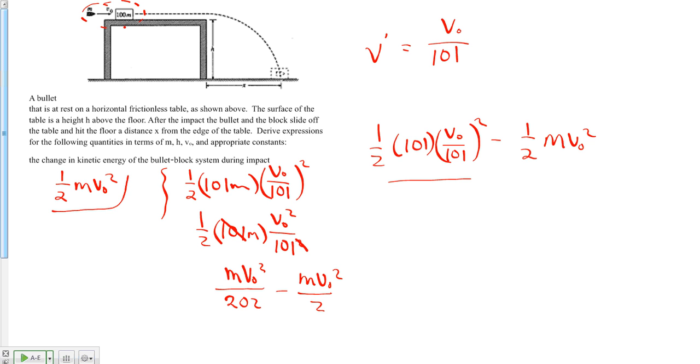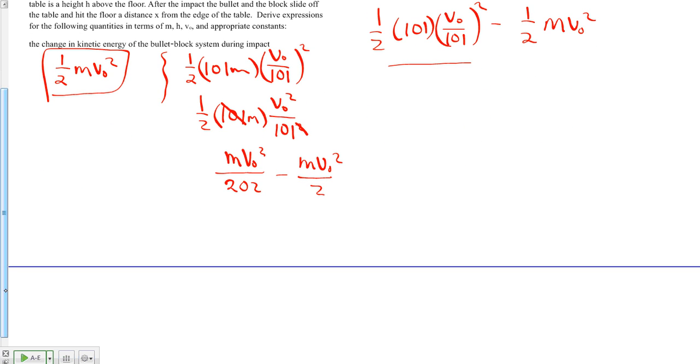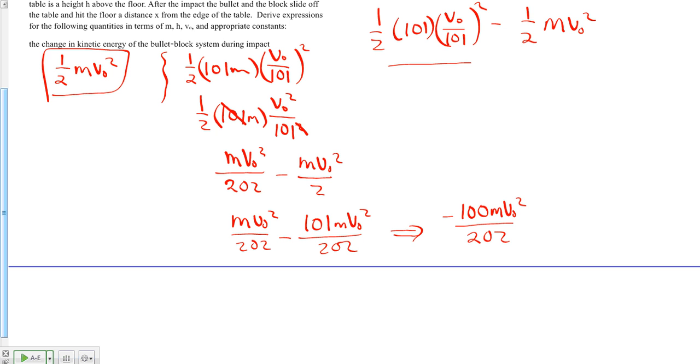Because we need to subtract this energy from our final energy. We simplify that. Multiply by 101 to find the common denominator. m v naught squared over 202 minus 101 m v naught squared over 202. So that results in minus 100 m v naught squared over 202.